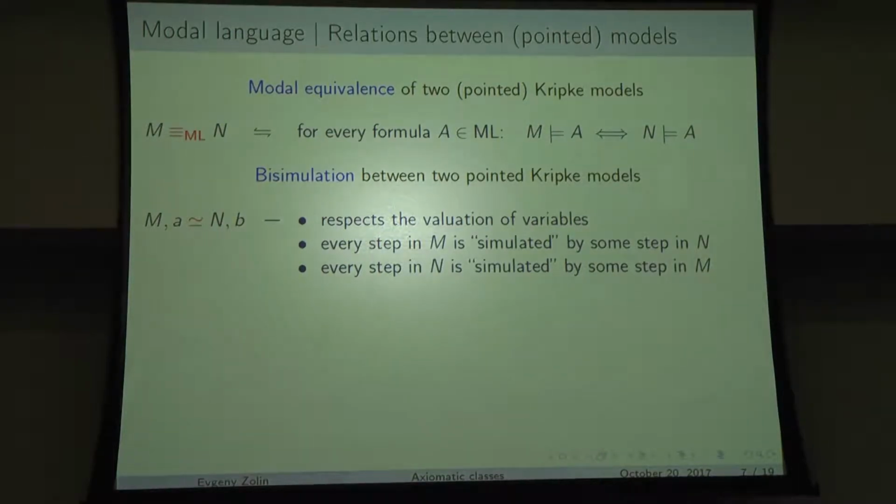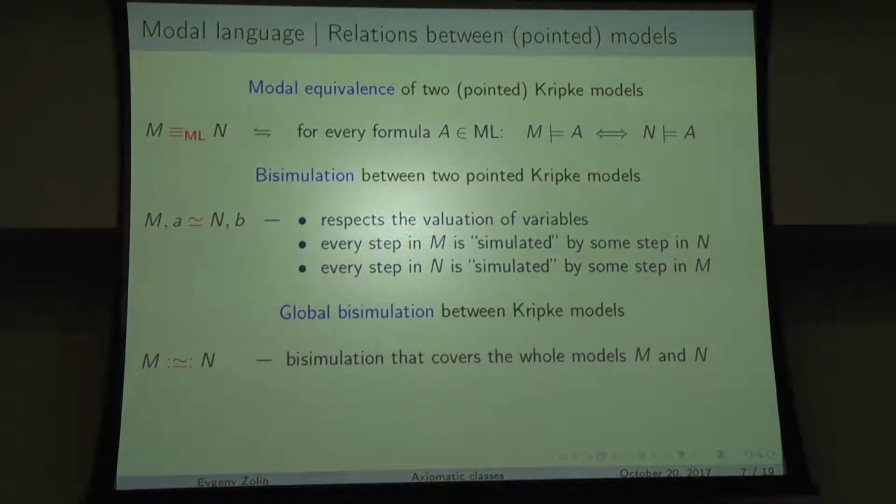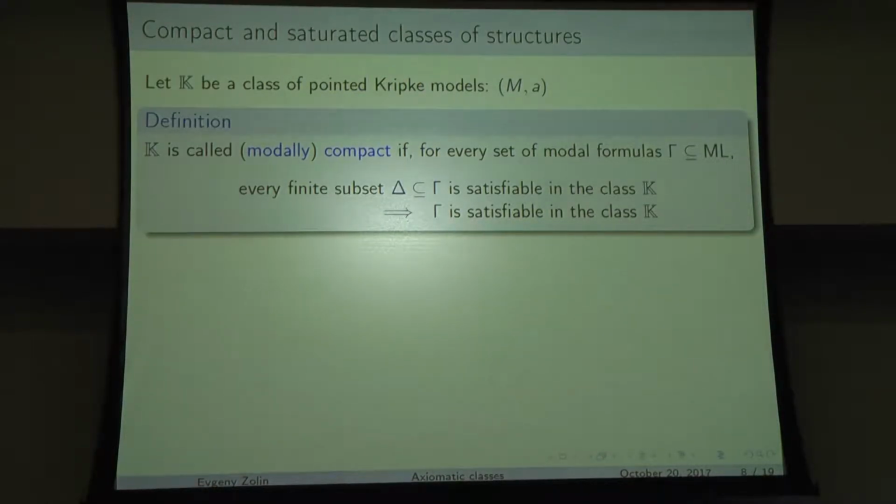And if we want to relate two models, not pointed models, then we come to the notion of global bisimulation, which covers the whole model M and the whole model N. Two key notions related to these semantics.